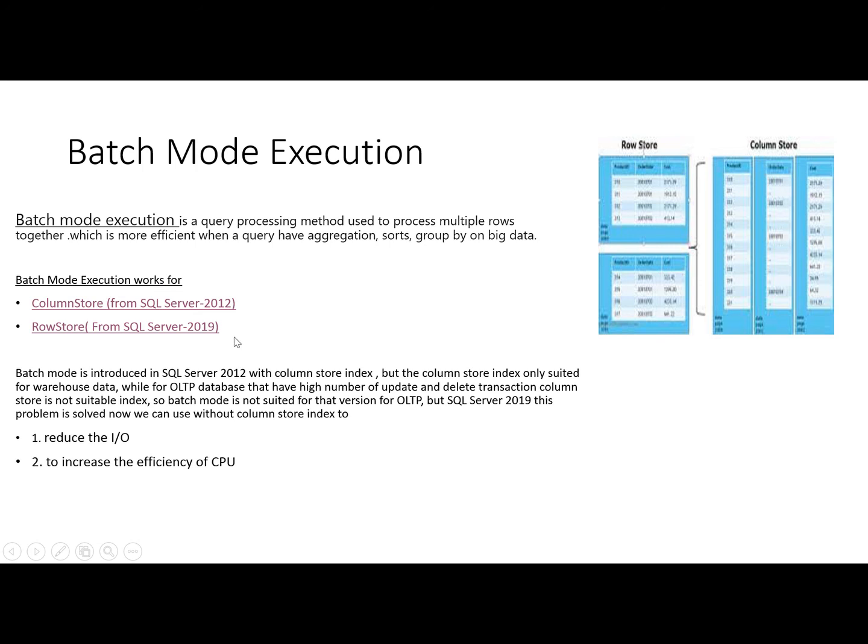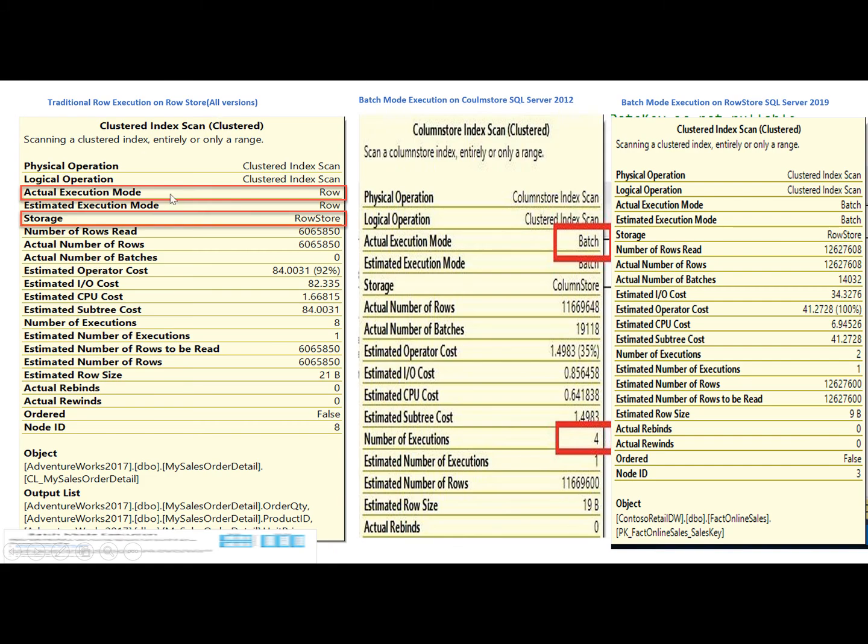But if we have SQL Server 2019, then we can use this batch mode execution for the traditional storage also. For the row storage, the batch mode execution is also available in SQL Server 2019. So this is the comparison for the different kinds of storage.